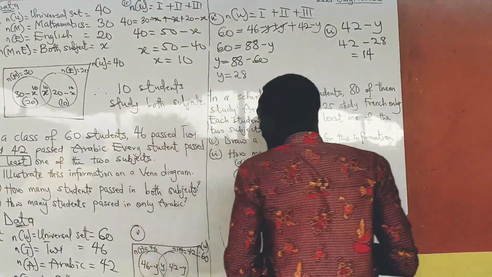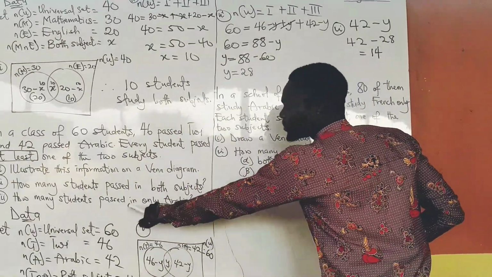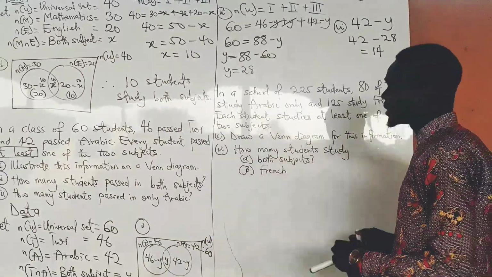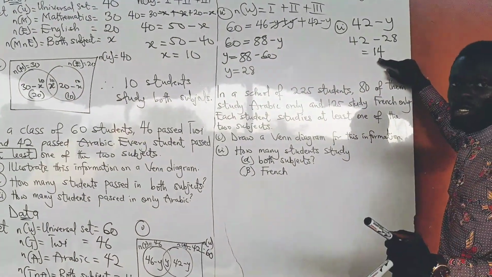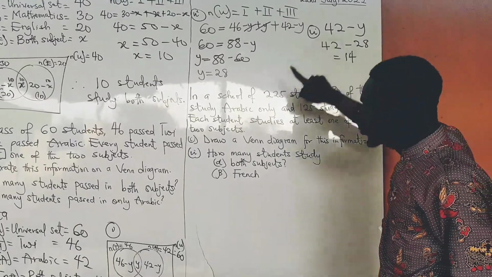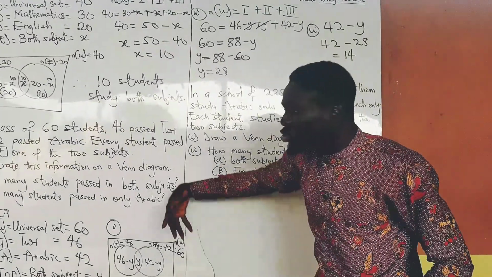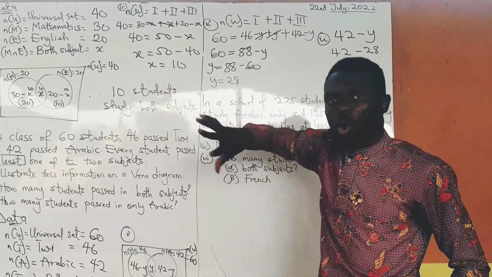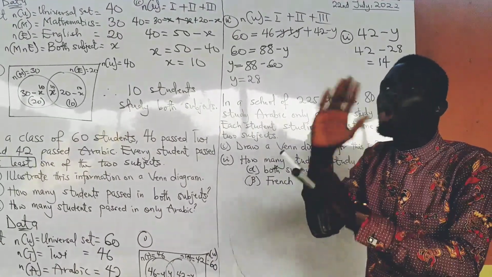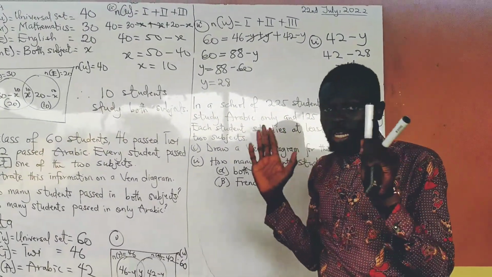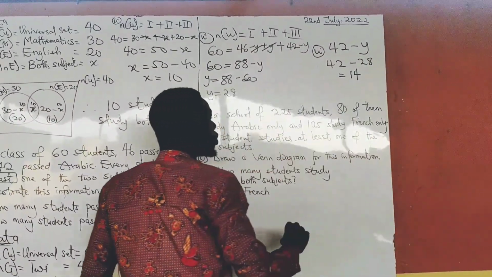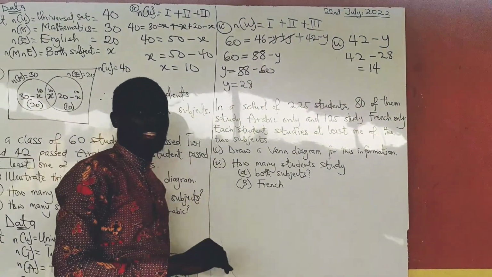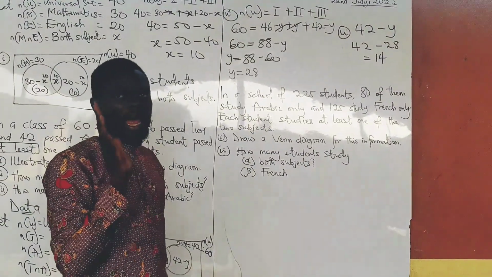So the question, how many students passed in only Arabic? Only Arabic are 14. But with the 42 which was mentioned here, they are the students that did Arabic in all. But those who did only Arabic and did not include Chi are 14. So we state our answer and say, therefore, 14 students passed in only Arabic.